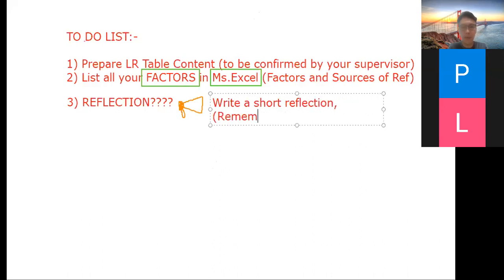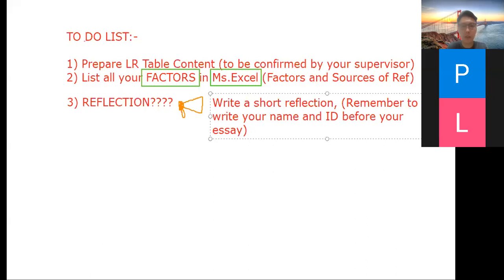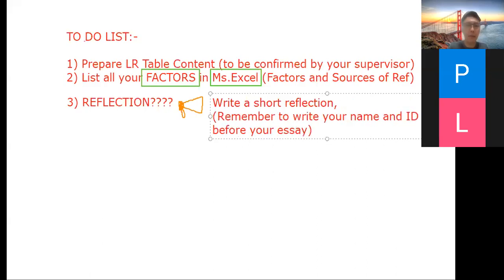Remember to write your name and ID before your essay, because when you press send, the system does not capture who you are. So in your writing, write your name and ID before you start your essay.